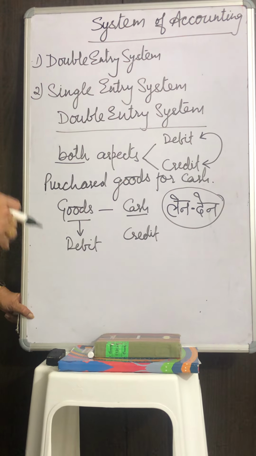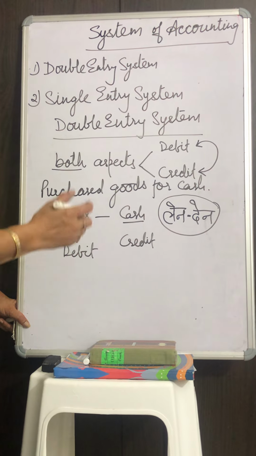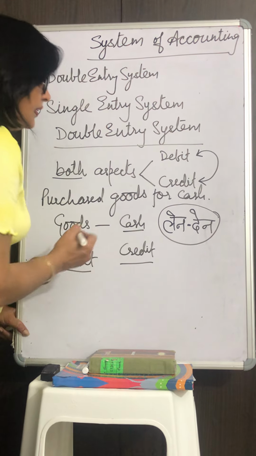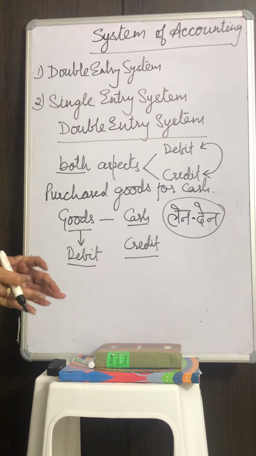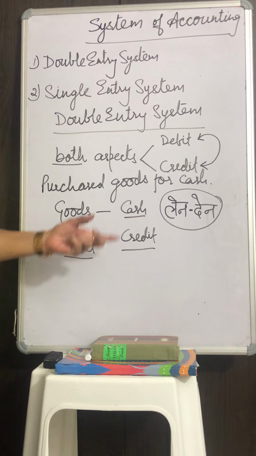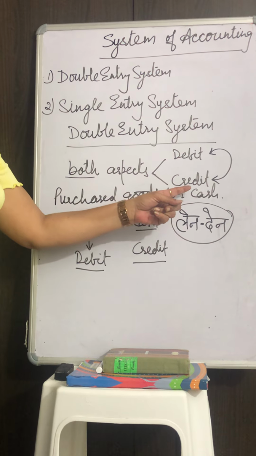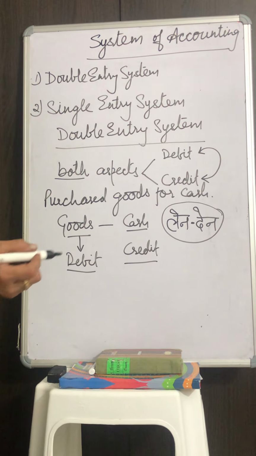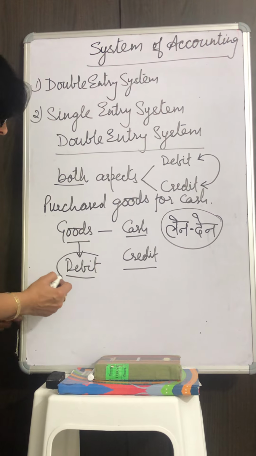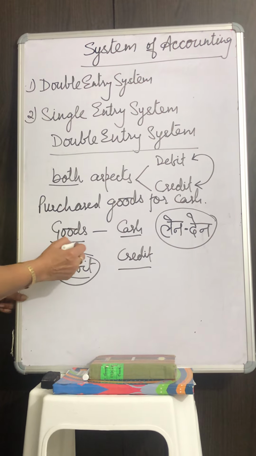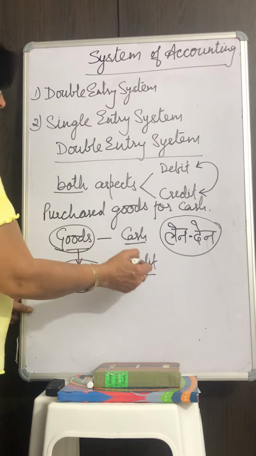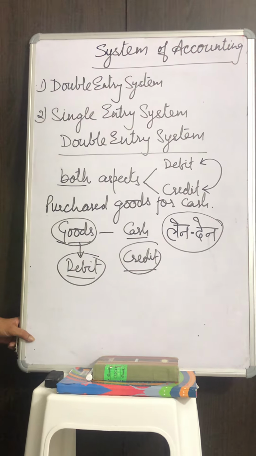Till now, to clear the definition, this is sufficient: that it records both the aspects, debit as well as credit. Later on, I'll let you know why and which account should be debited and which should be credited.